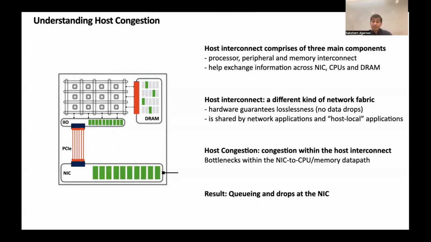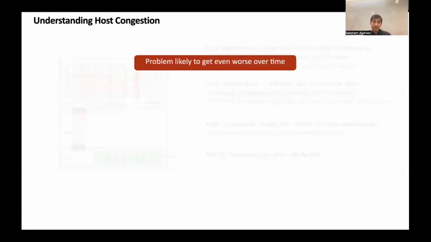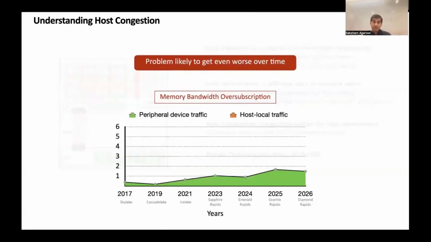And this problem of host congestion is likely to worsen over time. The amount of bandwidth for peripheral traffic, for example, from NICs and other PCI attached accelerators like GPUs, is increasing at a much faster rate than the memory bandwidth. The plot here shows the amount of memory bandwidth oversubscription due to the peripheral traffic over time.